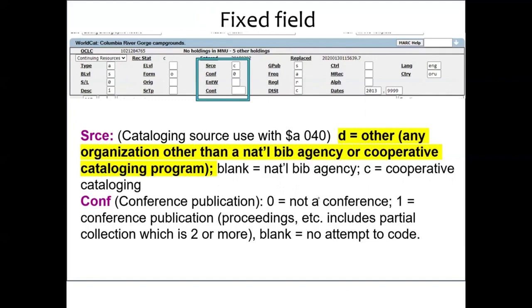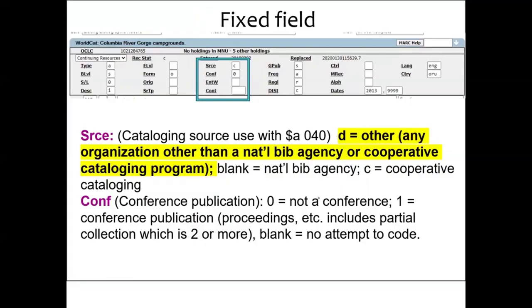So if you don't contribute those records, then you're D. Yay, we're all D's. No, some of you aren't, but most of us are D's. So if you're part of those national programs, you would know it. Or if you're part of like CONSER, you would know it. And if you're not, then you probably know that too. So you're D.